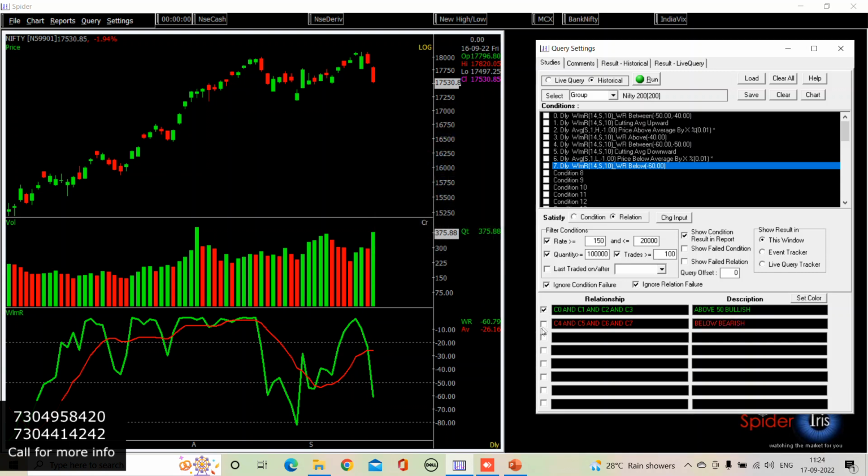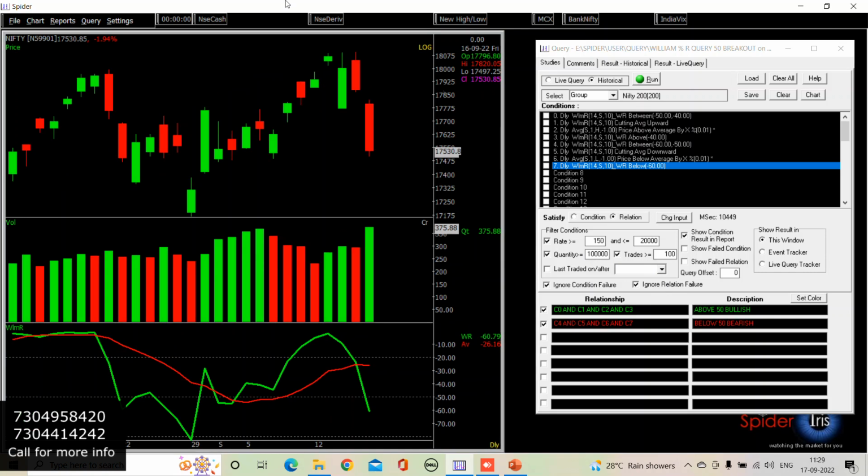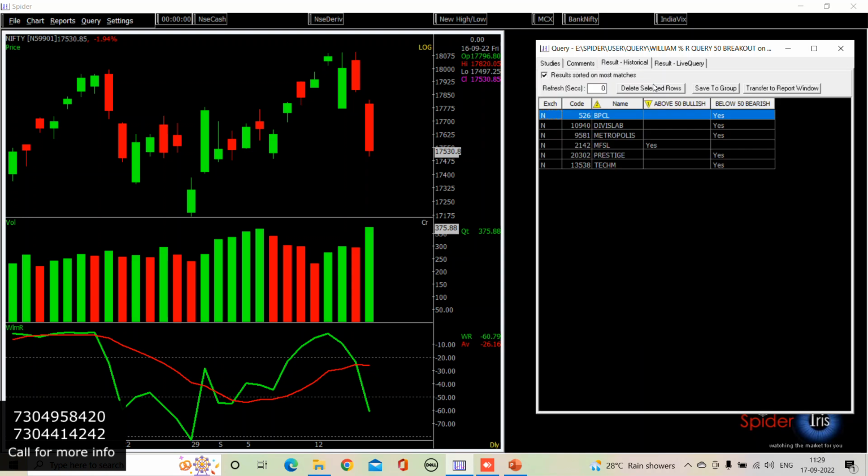Take the relation, select the group and filter the conditions. So I am running this condition in Nifty 200. Here one stock has come on the bullish side and the remaining 5 on the bearish side.